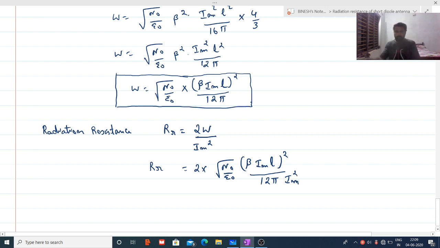so you know mu naught by epsilon naught is nothing but 120 pi, that is the intrinsic impedance, which is given by eta naught is nothing but root of mu naught by epsilon naught. The value for that one is nothing but 120 pi. I will just substitute that here.